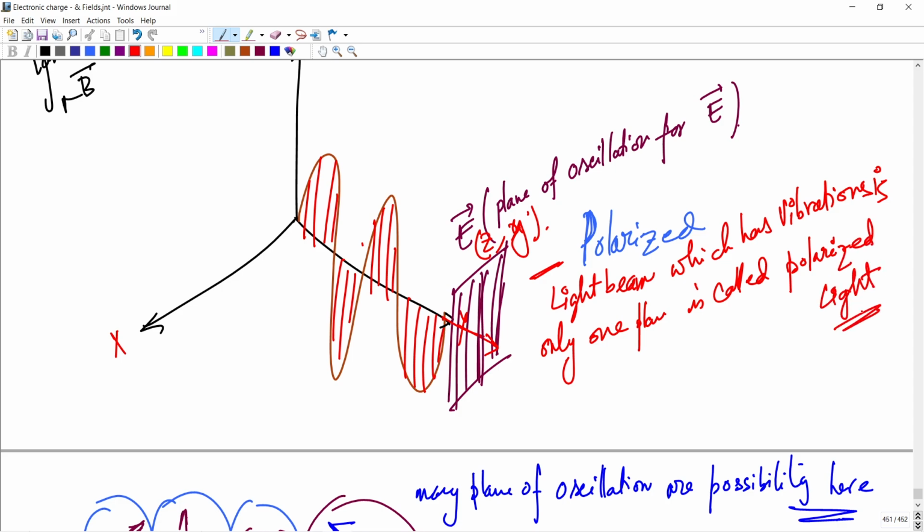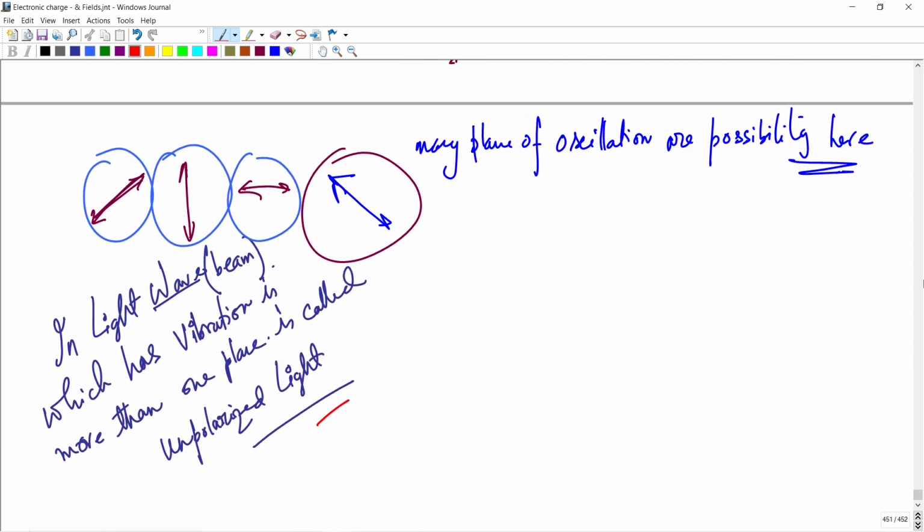Okay, clear. Now we draw a diagram for better understanding.